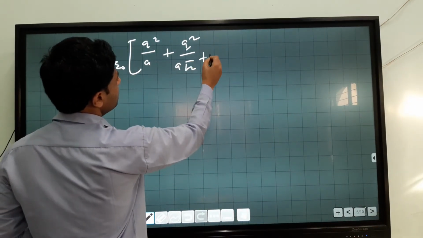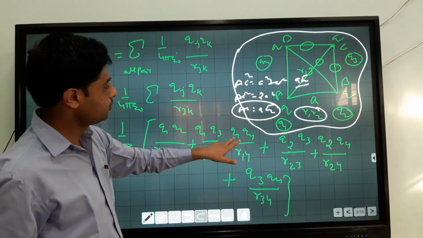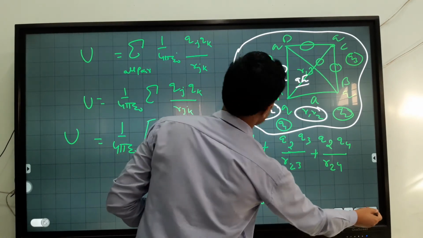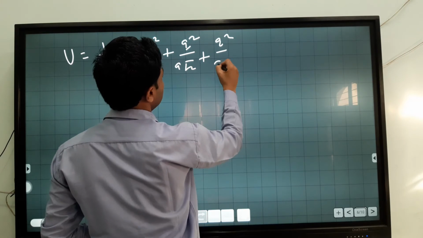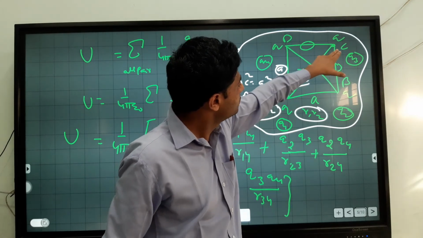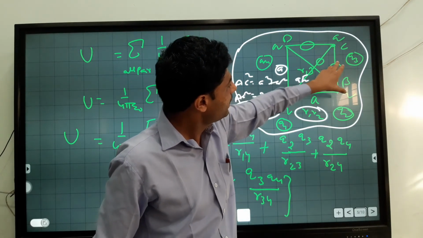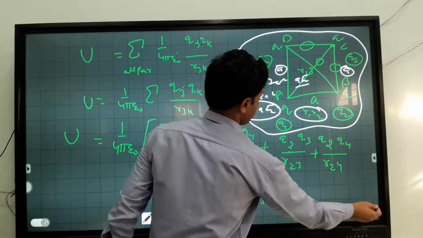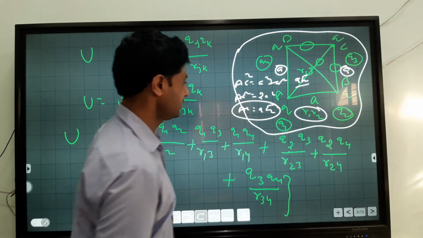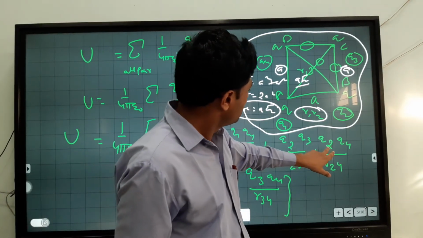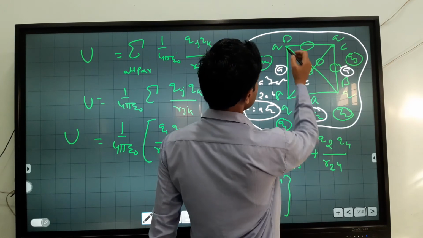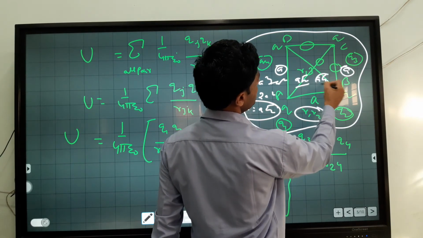For Q1 Q4, Q square, the distance is A. Q2 Q3, Q square and the distance is A. Q2 Q4, this is Q2, this is Q4, and the distance is A root 2.